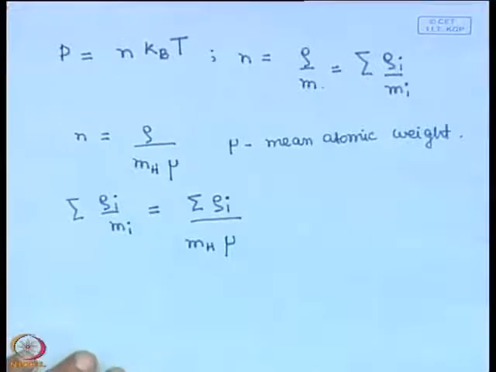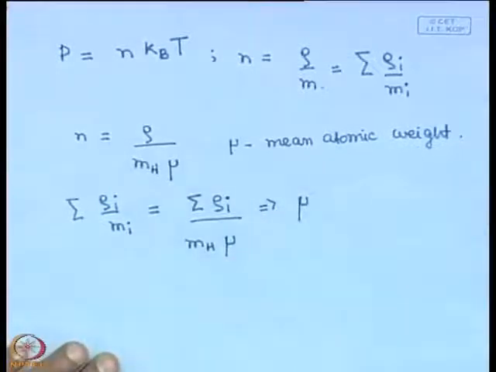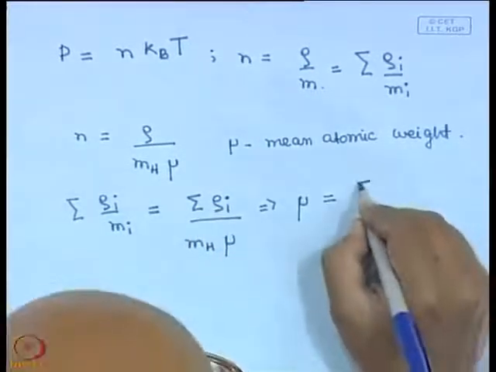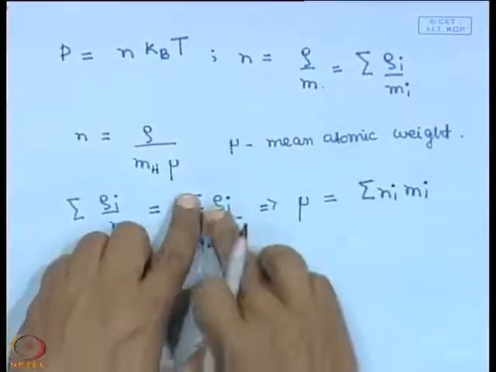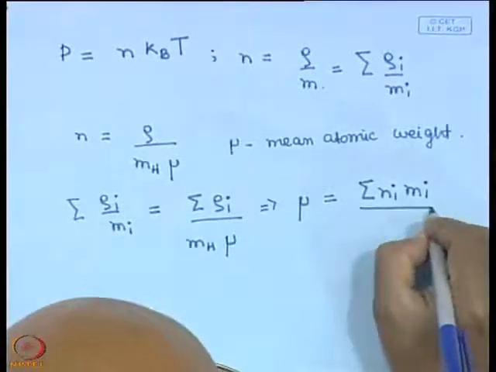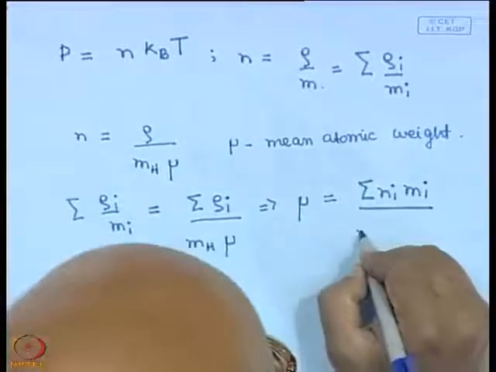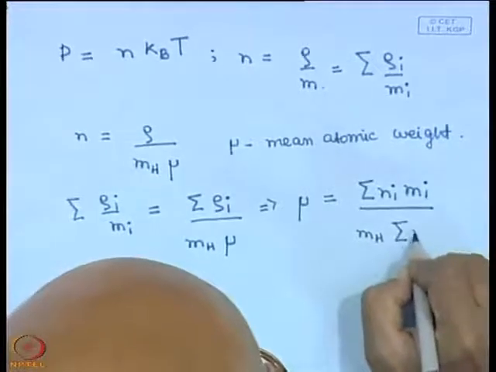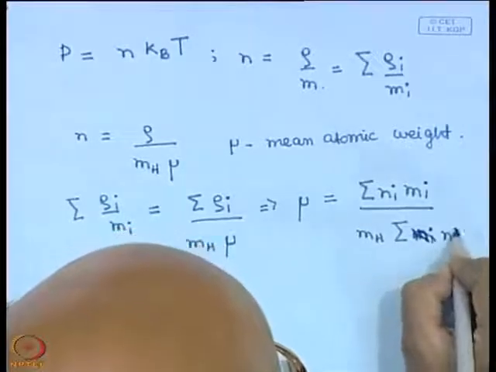Right. So from here we see that mu is equal to, now the mean density is the number density of each species times the mass of each species, that is rho, divided by the sum over the number density of each species, N_i.